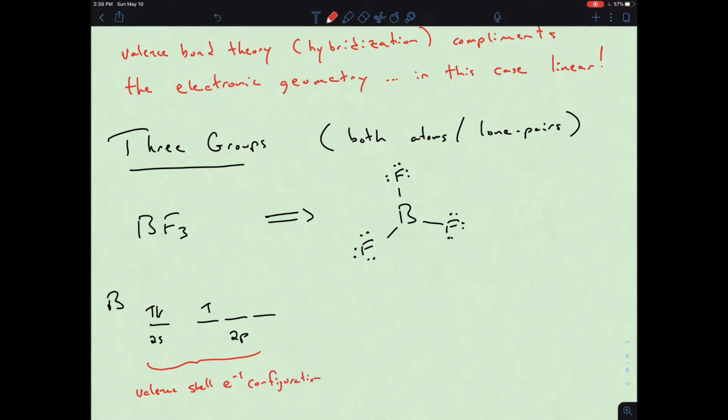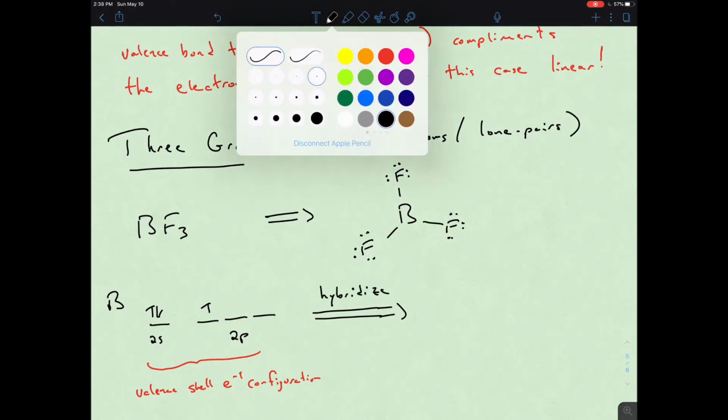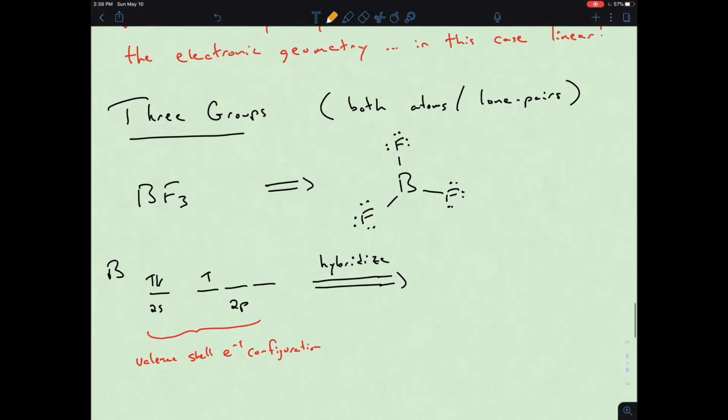And we need to hybridize. And just to kind of reiterate, we hybridize the same number of orbitals as our groups, right? And the groups are atoms or lone pairs.